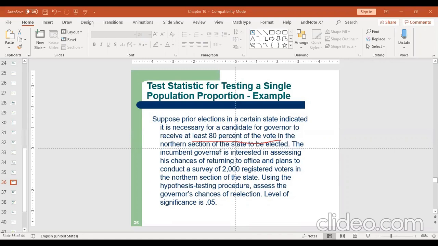The incumbent governor is interested in assessing his chances of returning to office and plans to conduct a survey of n registered voters. So this is n, 2000 is the value of n.